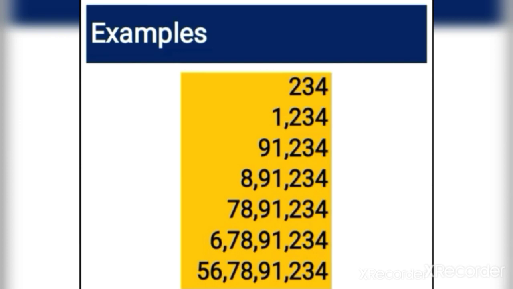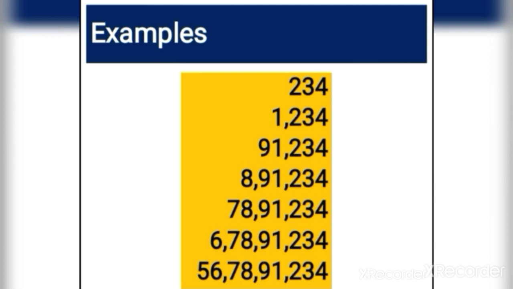The fourth number is 8,91,234. Here the second comma is after 5 digits, which marks lakh. 8,91,234. The next number is 78,91,234. The next number is 6,78,91,234.